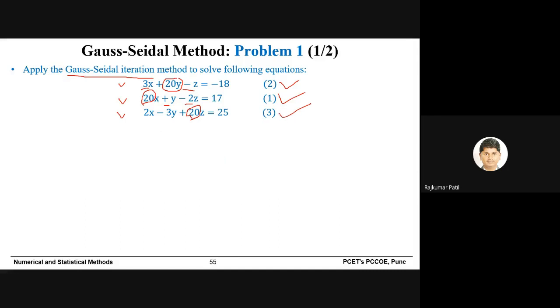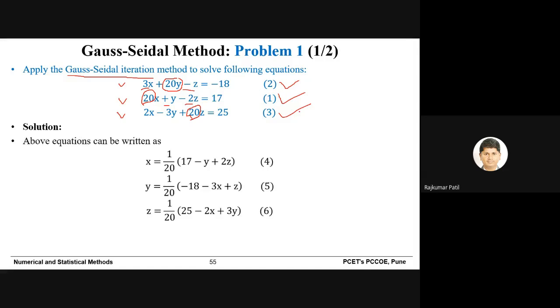So we gave numbers to the equations, and there are 3 equations and 3 unknowns, so we can easily solve these simultaneous equations.